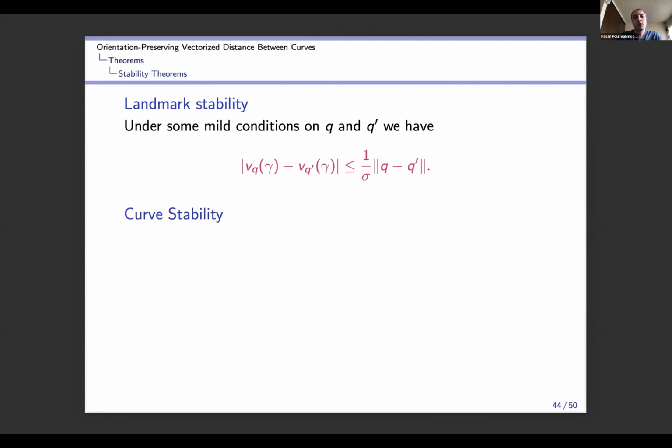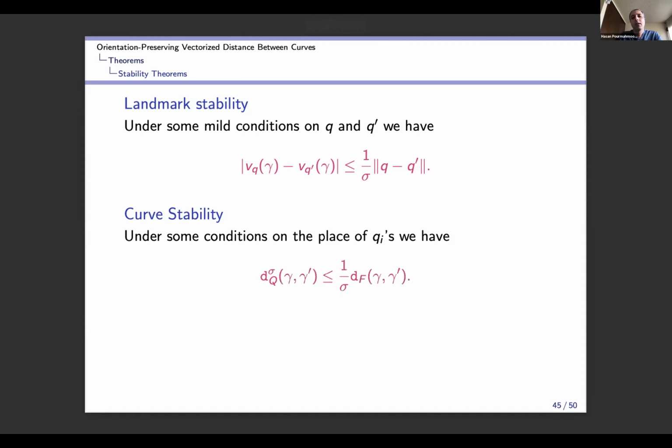And the second one is about curve stability. Again, under some conditions on landmarks, we can show that our distance is less than or equal to a constant times the Fréchet distance between two curves. Since the Fréchet distance is continuous in terms of perturbations of curves, our distance is also continuous in terms of the perturbations of the curves.